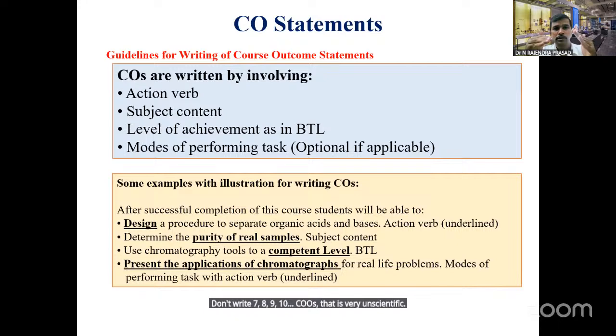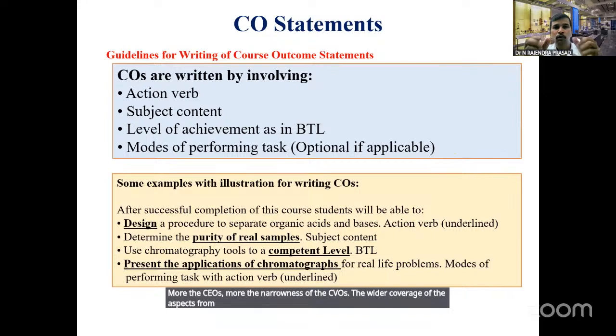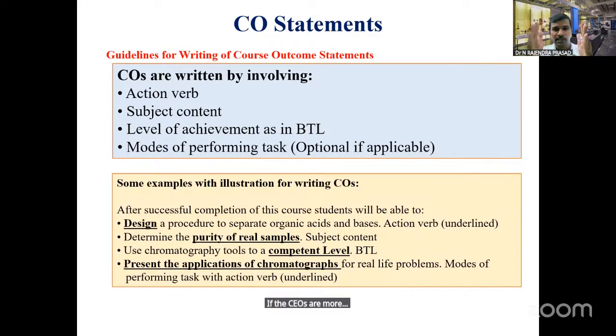The more the COs, the more cumbersome it is to get the attainment report. The more the COs, the more the narrowness of the COs. The wider coverage of aspects from a particular CO will not be there if the COs are more. So restrict the COs to 3 to 5, maximum 5, minimum 3.